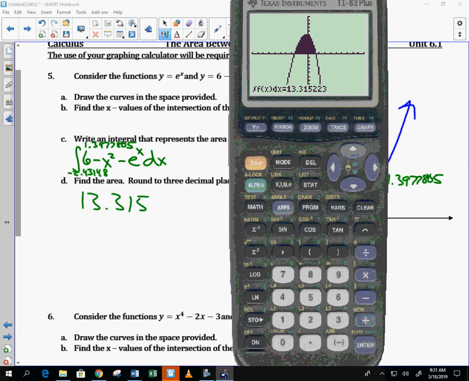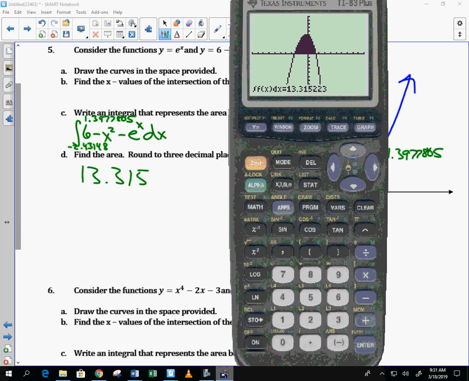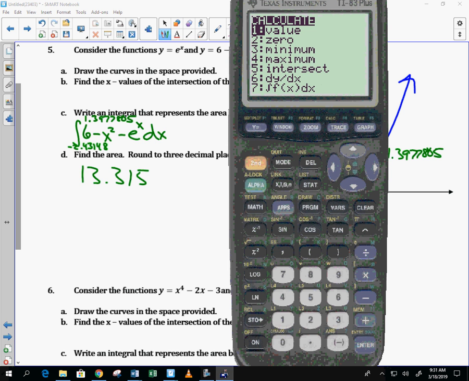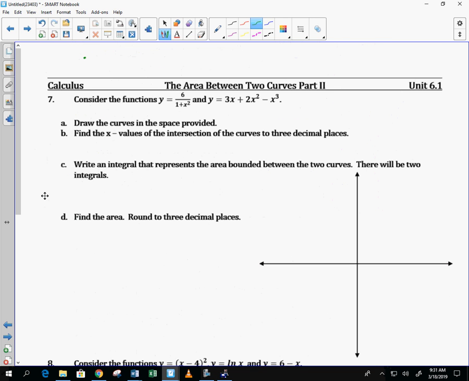Very good. Second calculate. When we do second calculate, we press number 7. That does the antiderivative for us. Calculates the area.